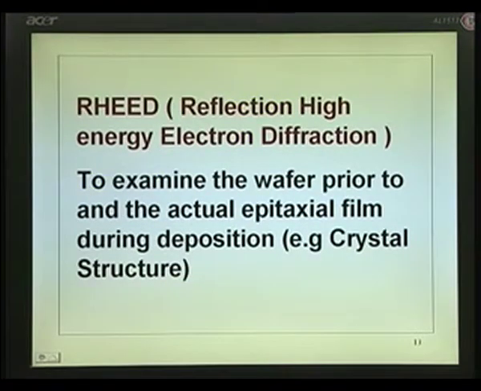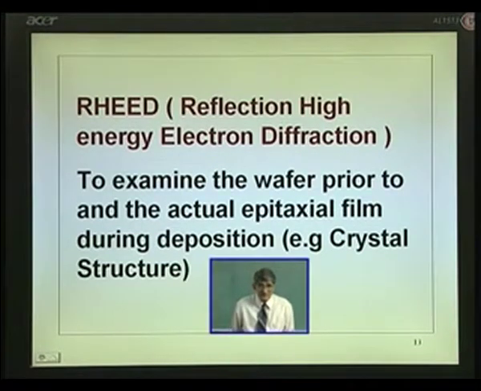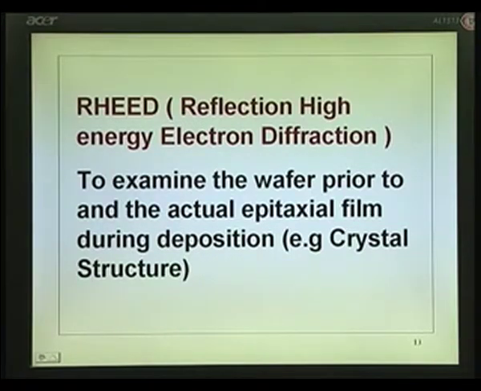So, here comes the expansion for RHEED: reflection high energy electron diffraction. After all, these lattice atoms look like gratings. When the 50 kiloelectron volt, high energy electron beam falls onto that at 2 degrees, it gets reflected, and it reflects the property of the atomic layer structure because of the grating nature of the atoms.